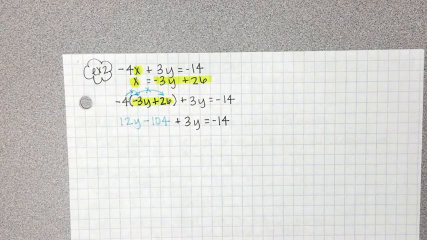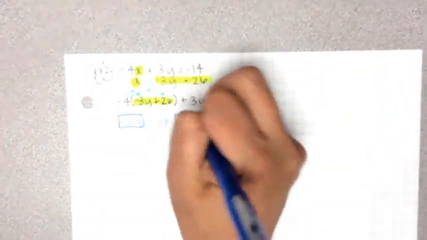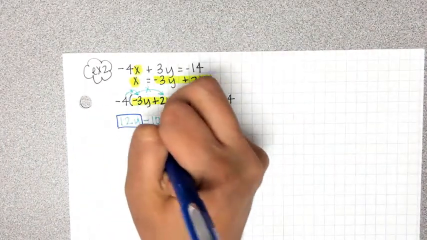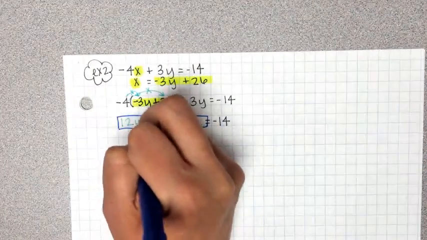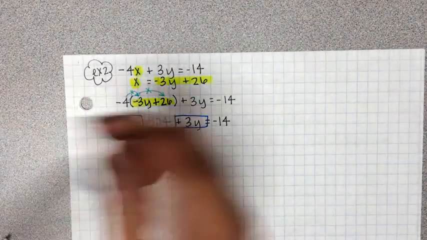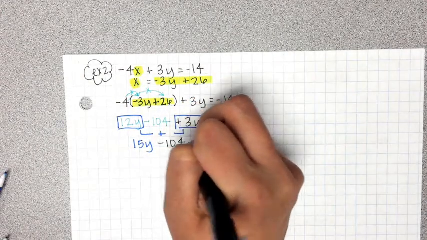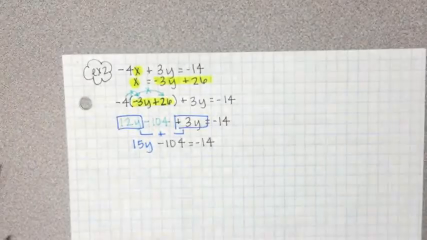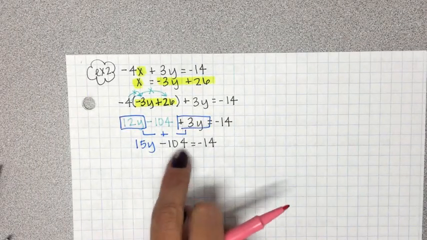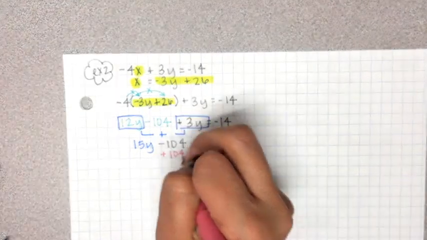Continue solving this. We combine my like terms. 12y, positive 3y. Combine means to add, so when I add those, I get 15y. And I drop everything else. Minus 104 equals negative 14. We're solving for y, so I got to get rid of this by adding 104 to both sides.